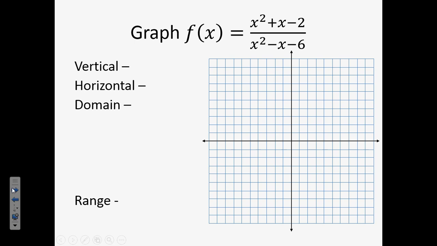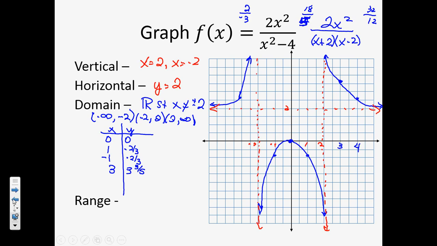Oh, sorry, I should have gone back to the range. My fault. So range, what don't we get to become? We can't be between 0 and 2, can we? So everything above 2 and everything below 0. So negative infinity to 0, and 2 open bracket to infinity.